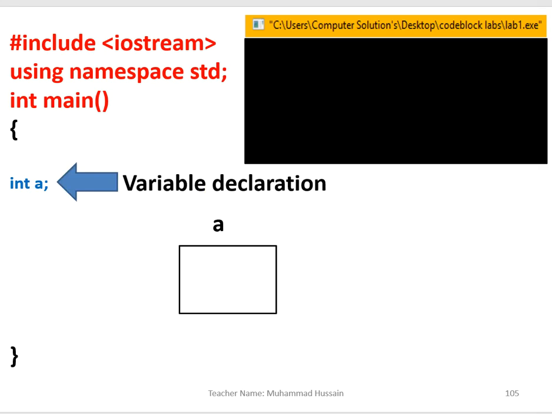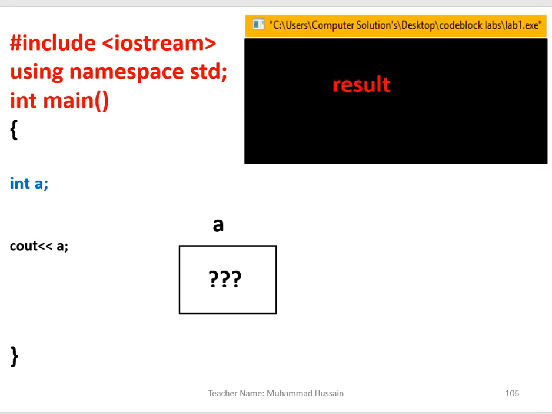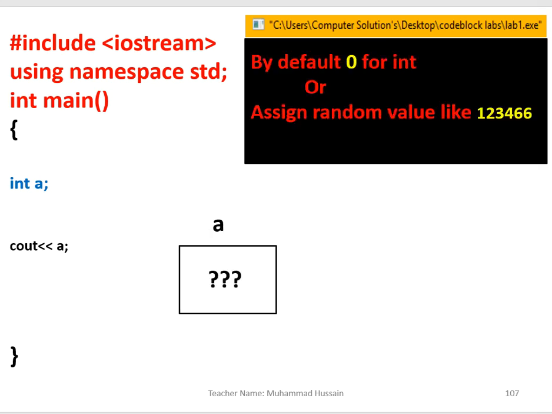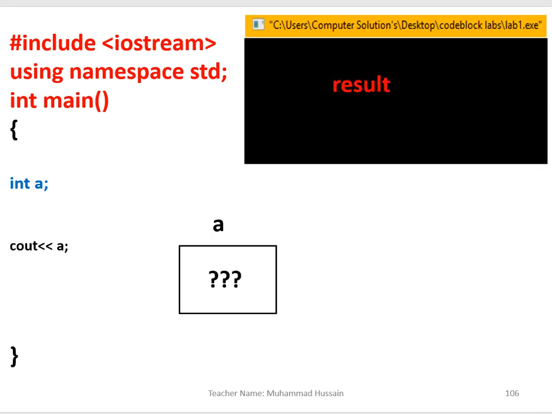Now I want to know which kind of value we can add here. If I ask whether this block contains text or number, you must say it must be a number.